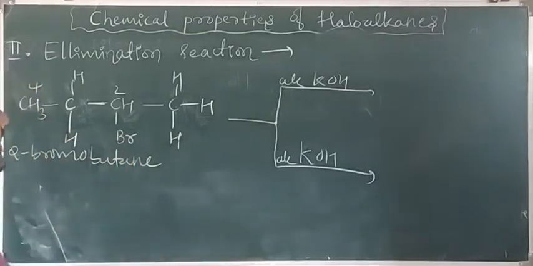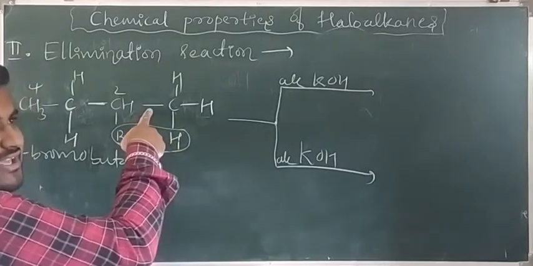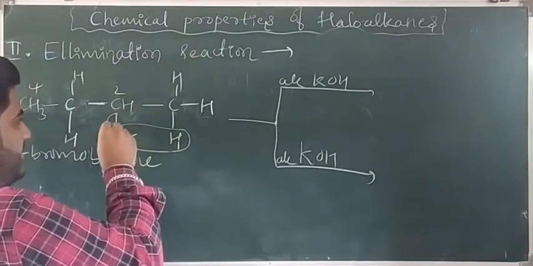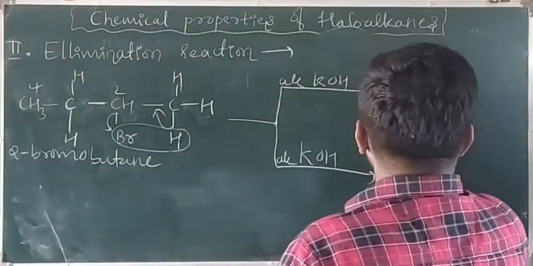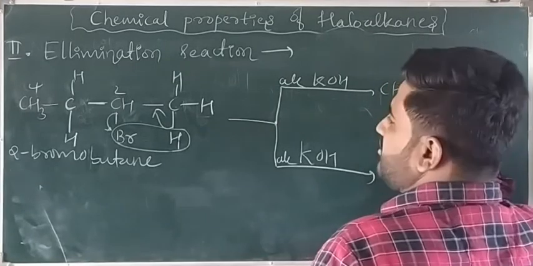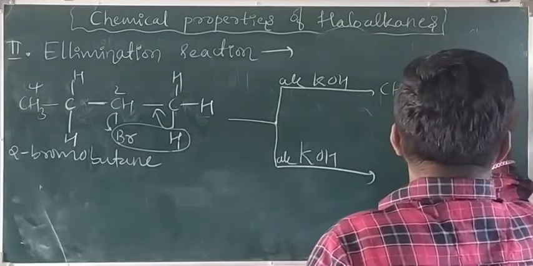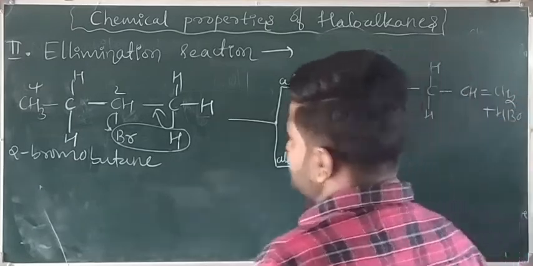But if you eliminate this bromine and H here, we get a double bond here. What we get is CH3 single bond CH2 single bond CH double bond CH2, plus HBr eliminated.